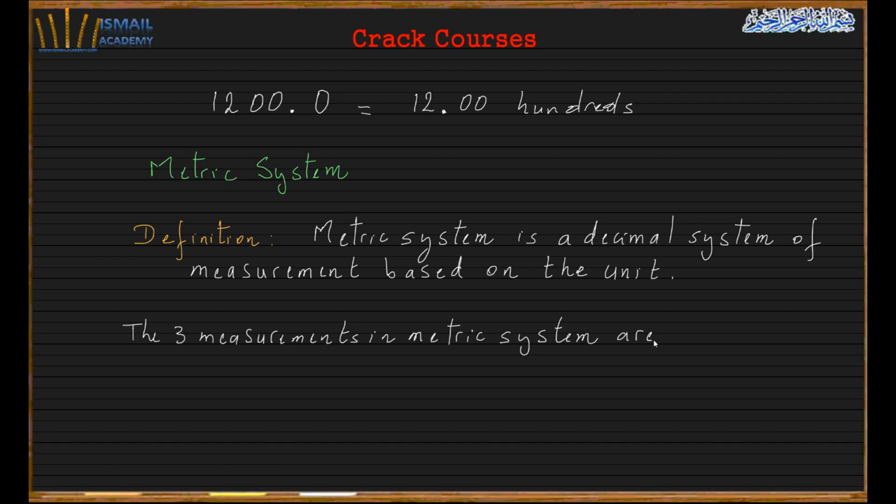so we have length, and the unit of length is the meter, and we use m for meter. We have weight, so the measure of weight is gram, and we use G for gram.